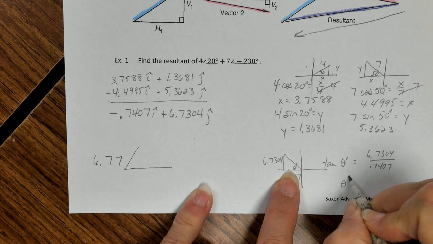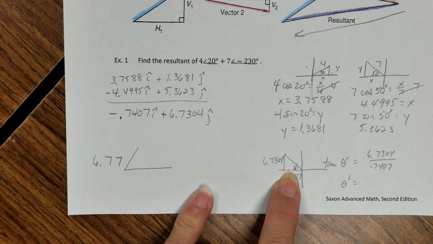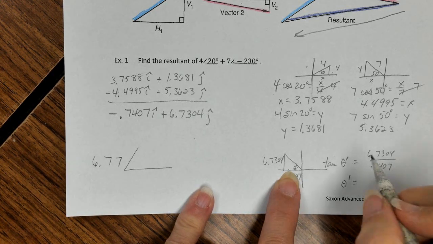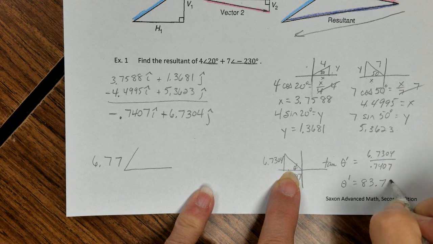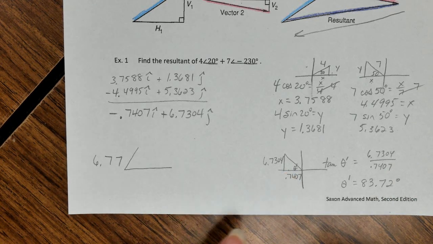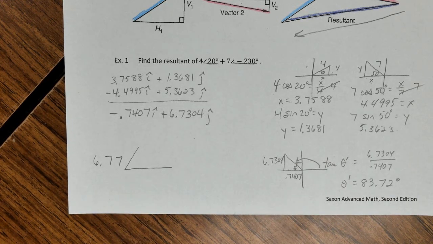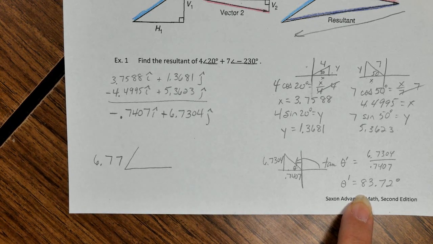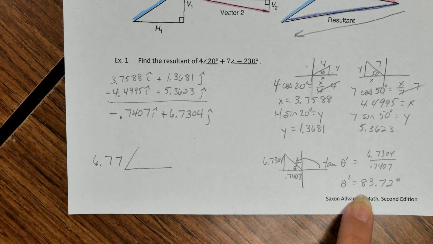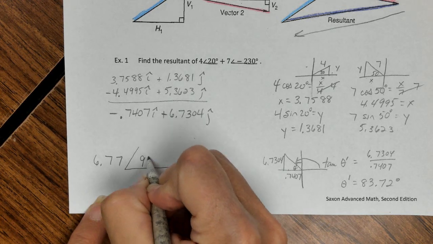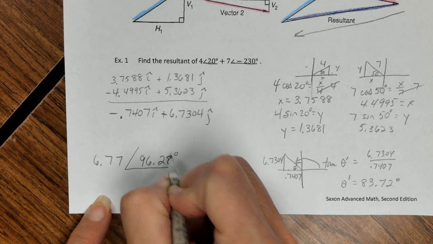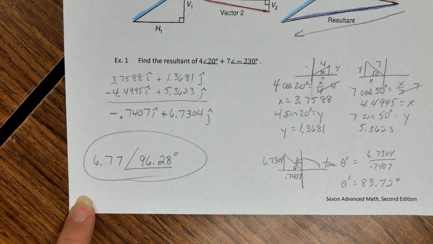But yeah, theta prime is 83.72 degrees. But that's not the angle that goes here. The angle that goes here is going to be that one. So now we need 180 minus this angle that we got. Looks like 96.28 right here. And that's it.